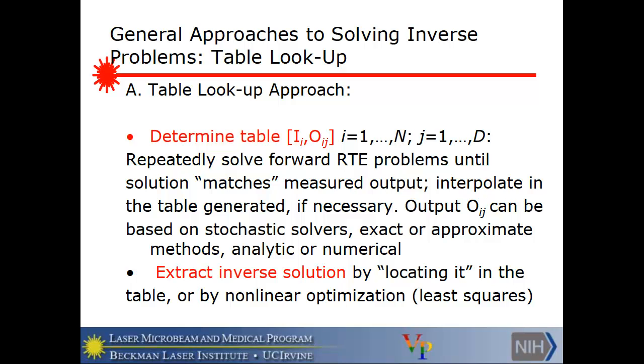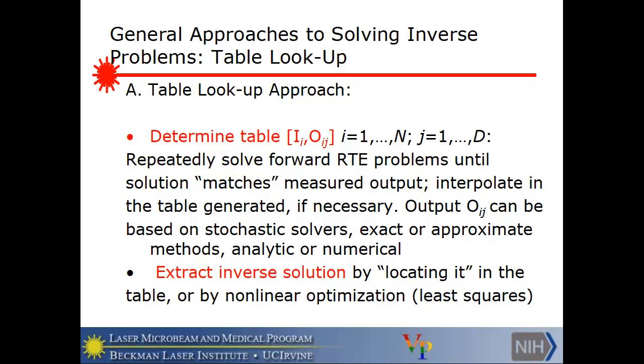What you're doing is just repeatedly solving a forward problem with different parameters over and over again. You're building up a table, and then you're finding the RTE solution that correctly or most closely approximates what you've measured. So that's a laborious way of getting an inverse solution. You have to run a lot of forward problems to get one approximate inverse solution.